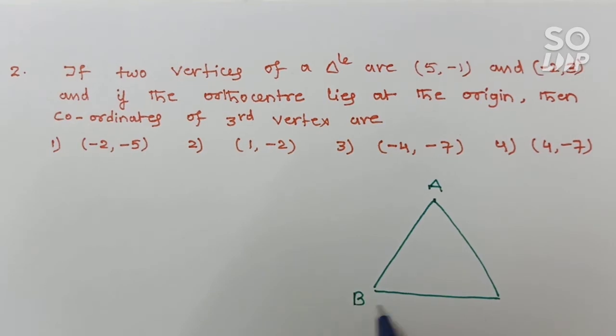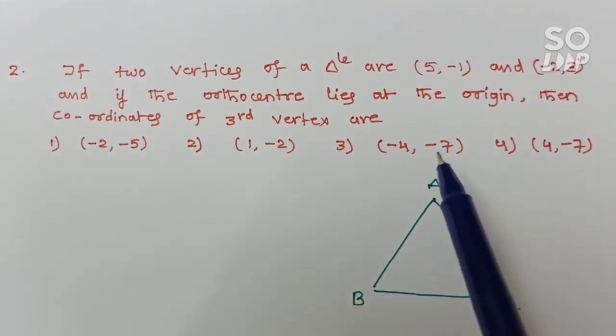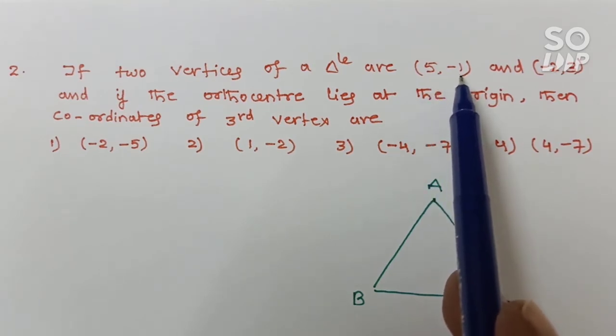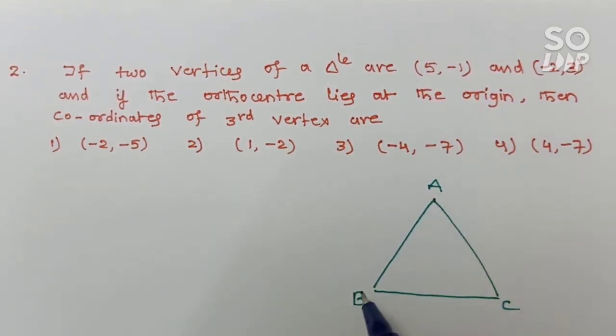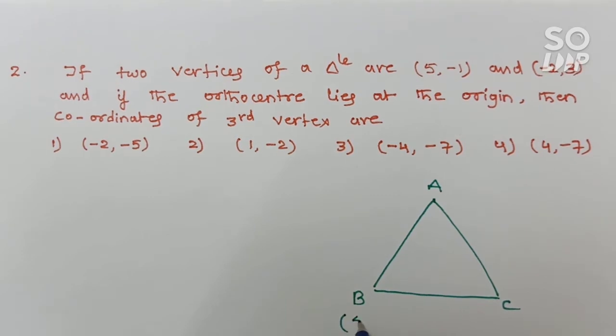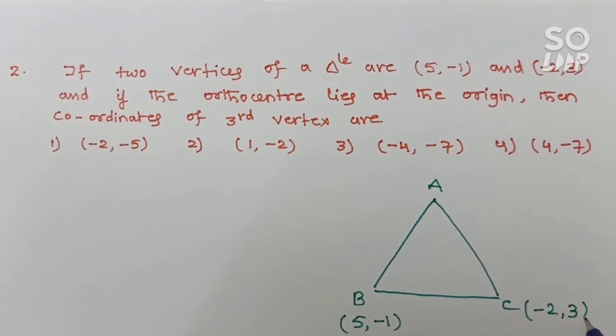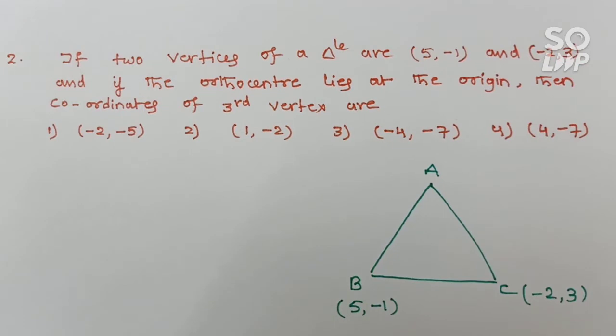Okay, two vertices are given: (5, -1) and (-2, 3). These two will represent either AB or BC or AC. Suppose you take BC, B is (5, -1) and C is (-2, 3).